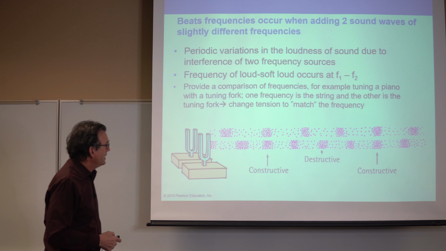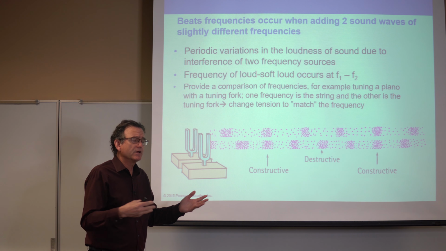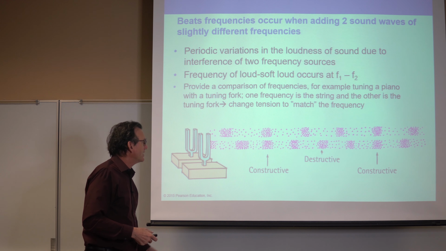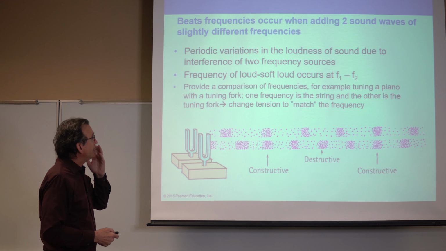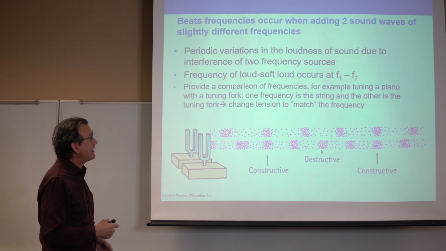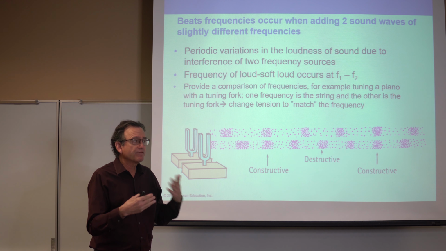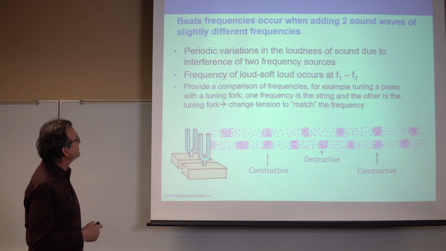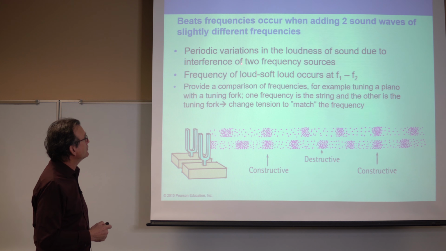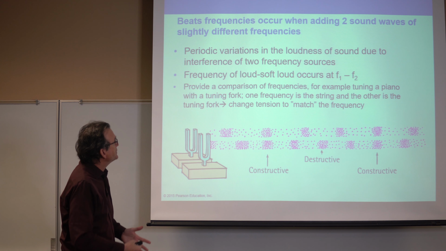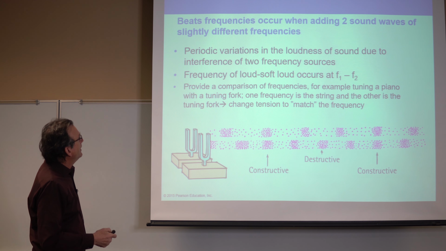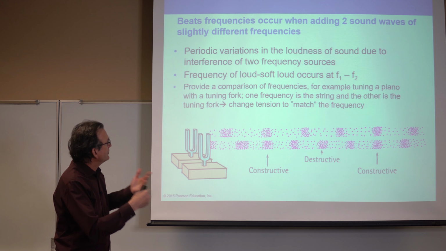Now, there's another example of interference of sound waves that occurs quite frequently, and that is when we have two sources of sound that are vibrating at different frequencies. We observe this periodic effect when we have these two frequencies present close together that are slightly out of sync.